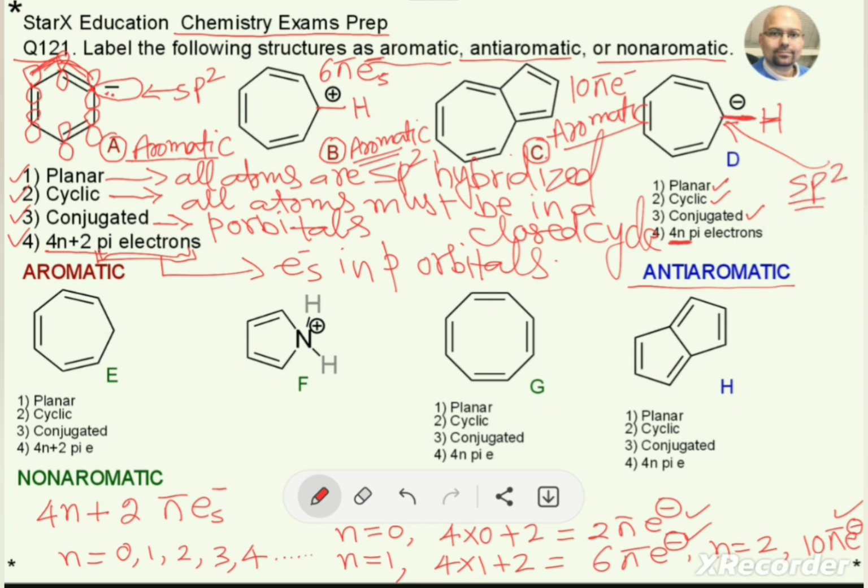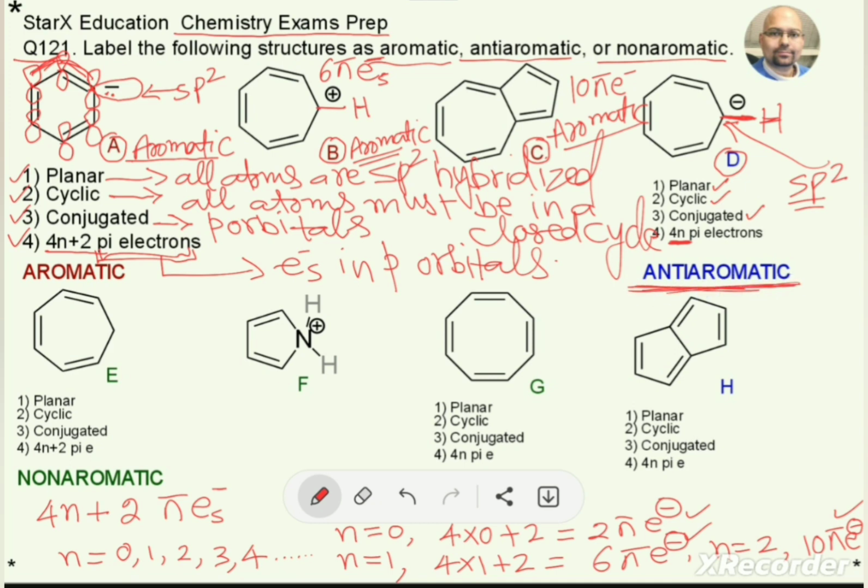The reason is that whenever a carbon is next to a double bonded or sp2 hybridized carbon and the carbon gets the negative charge, then the hybridization of that carbanion is sp2 and the geometry becomes flat. Therefore, the species D is classified as antiaromatic.